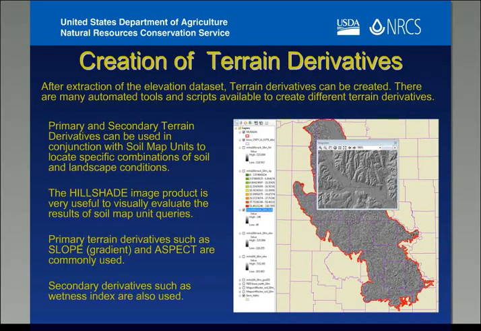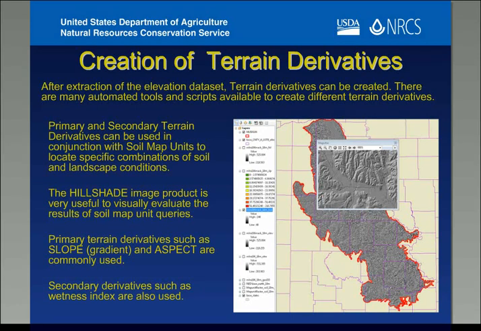Terrain data derivatives of the elevation surface are very useful in doing analysis. One product that is always desired is a hillshade image that gives us the backdrop, or a representation of the terrain that we're looking at. Slope gradient is another product that can be produced and used for analysis.